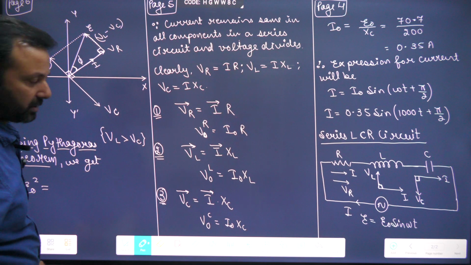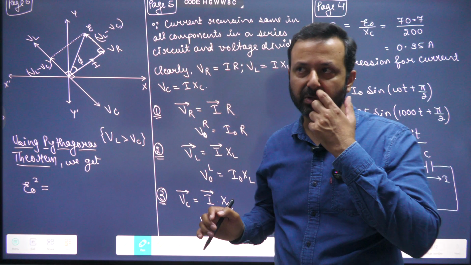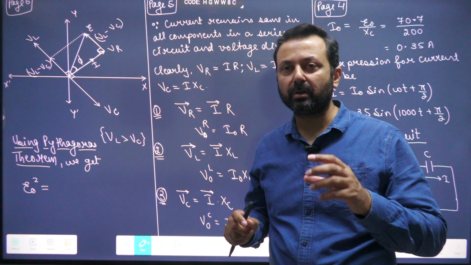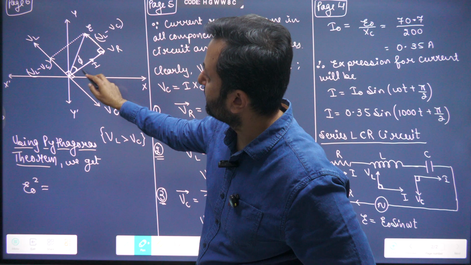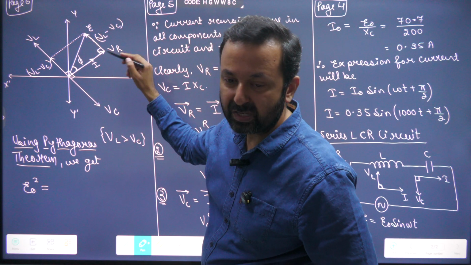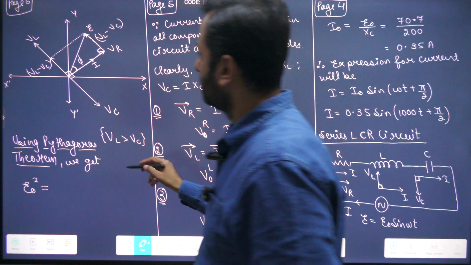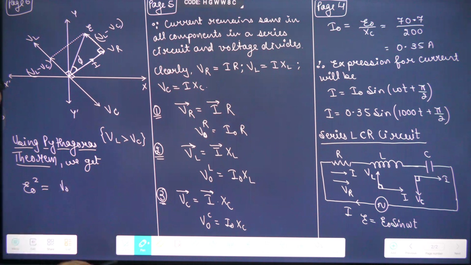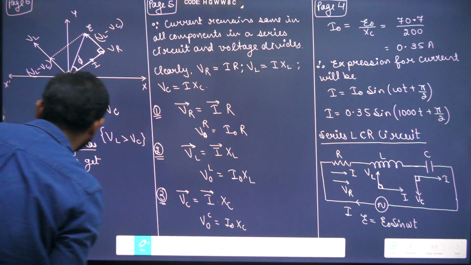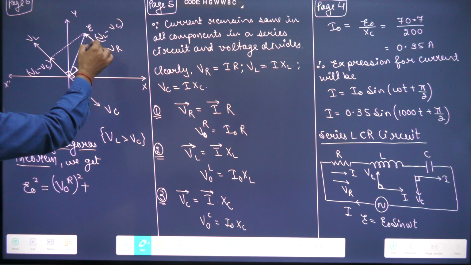Pythagoras theorem is not applied to vectors; it is applied to a right triangle. So in this right triangle, what does this length indicate? This length indicates the peak value of VR, which is V naught R. So I will write base square, meaning V naught R square, plus perpendicular square.